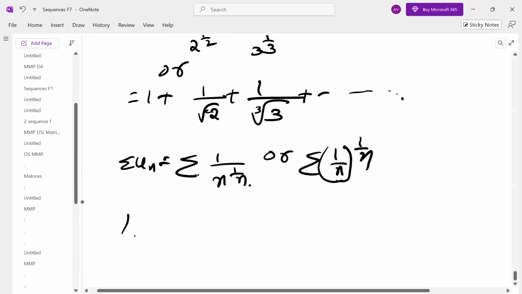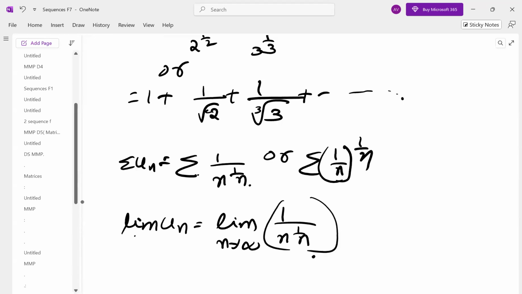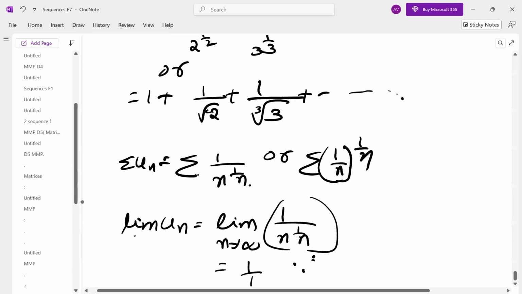Find out limit un, the nth root. You know, limit n power 1 by n is 1. We have done standard limits. Limit n tending to infinity, n power 1 by n, standard limit is 1.